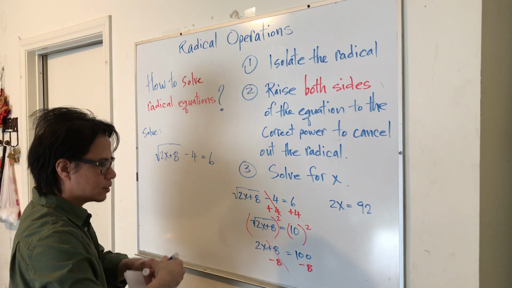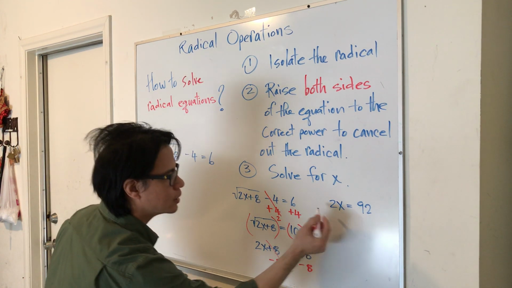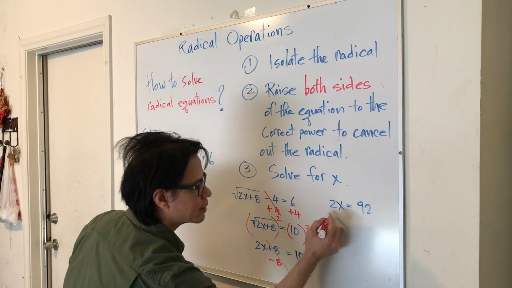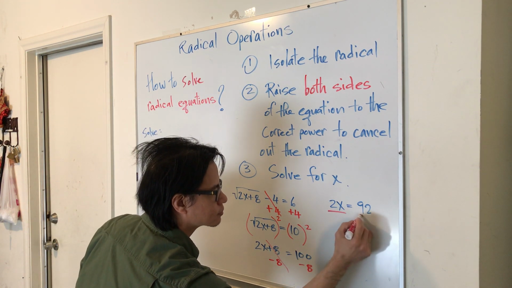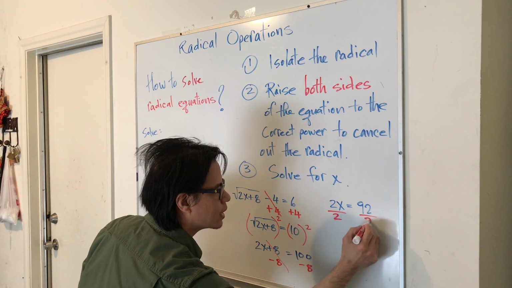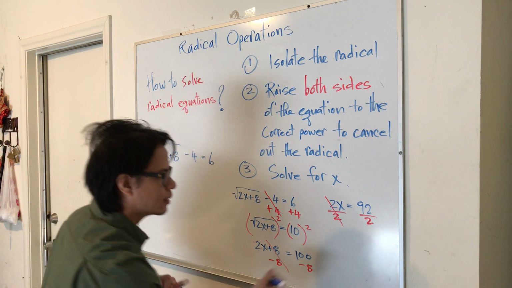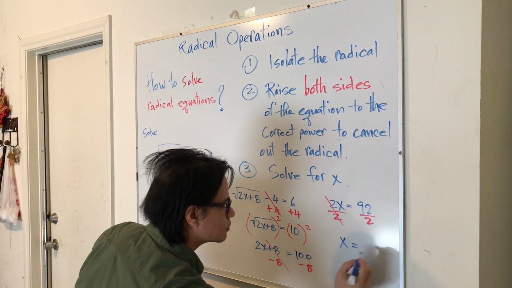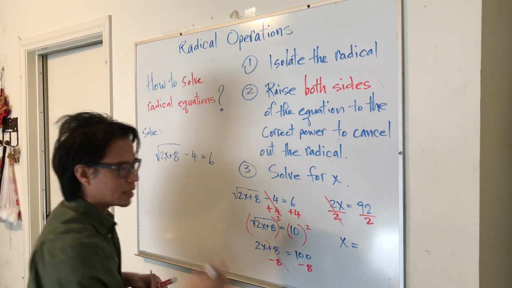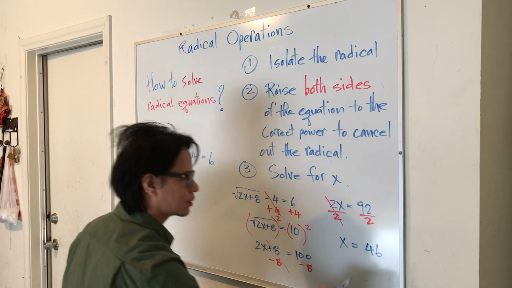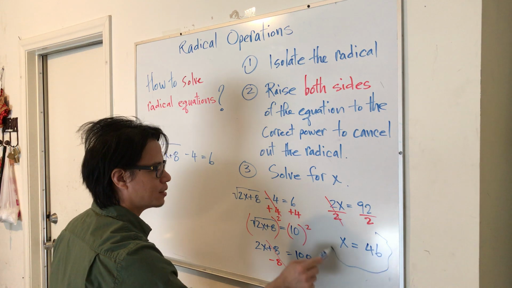Okay, so to finish this off, we are going to need to get rid of the 2 in front of the x. So what's the opposite of times 2? You're right. We need to divide by 2. That will cancel the 2 out. x ultimately is equal to 92 divided by 2, which is 46. Okay, there it is.